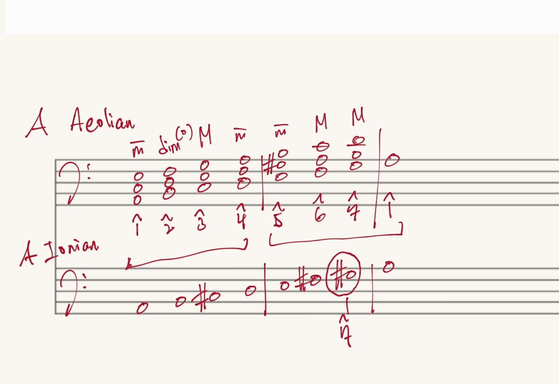So I'm just lifting it from Ionian and placing it inside of Aeolian. The other chord affected is the one built from scale degree 7, where G sharp is the root. So here it is, G sharp, and again, that G sharp has been borrowed or mixed from the A Ionian scale.